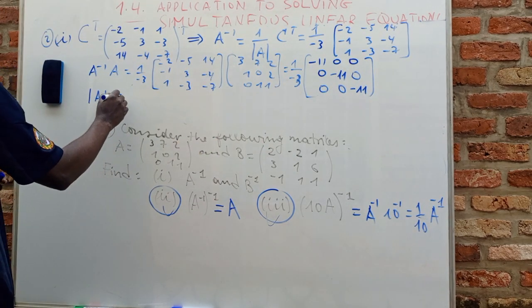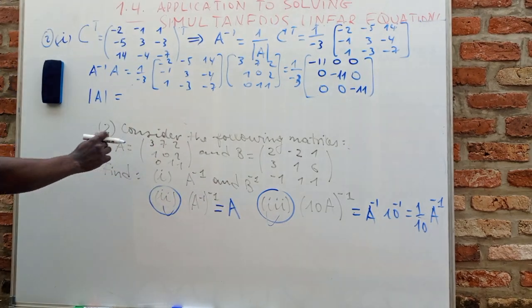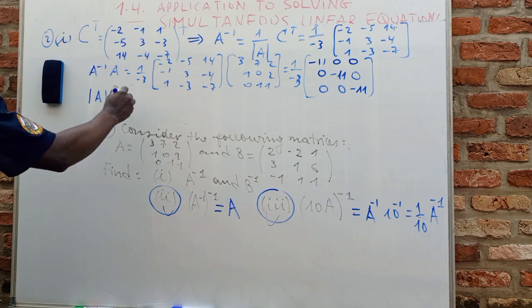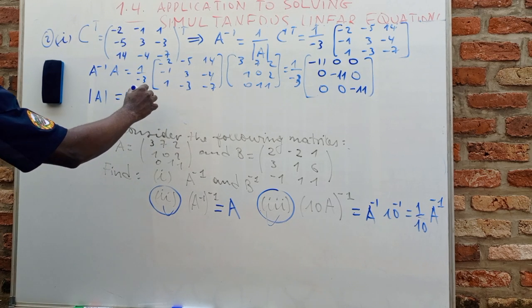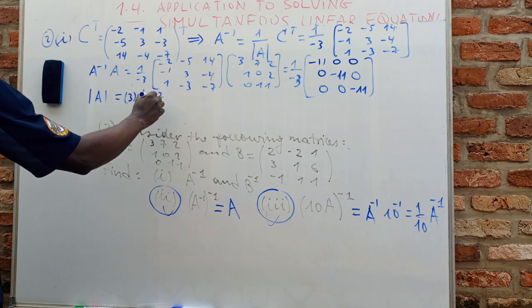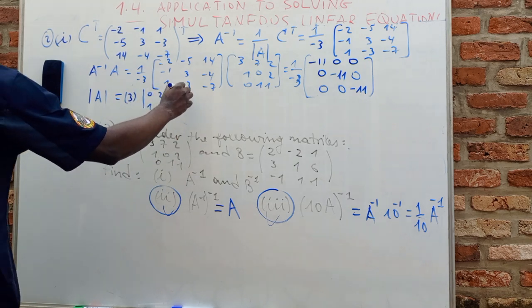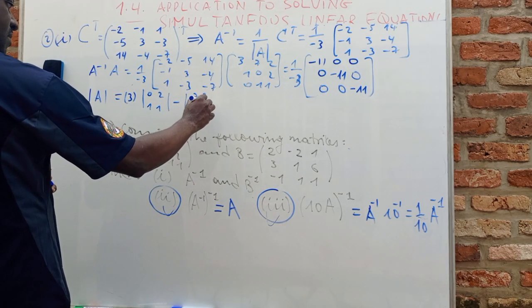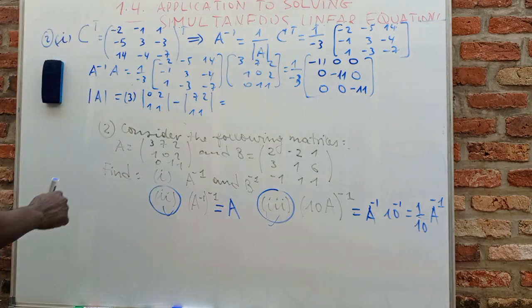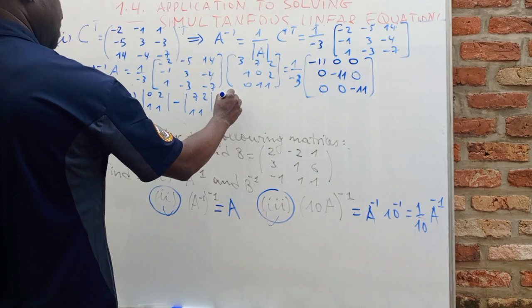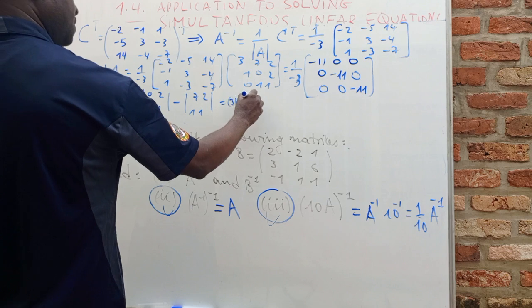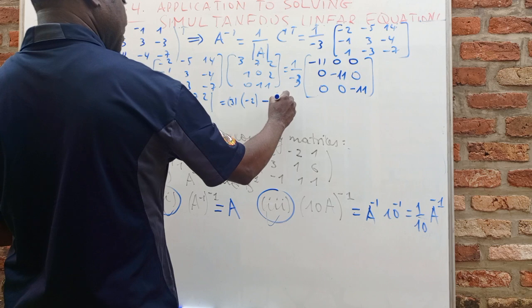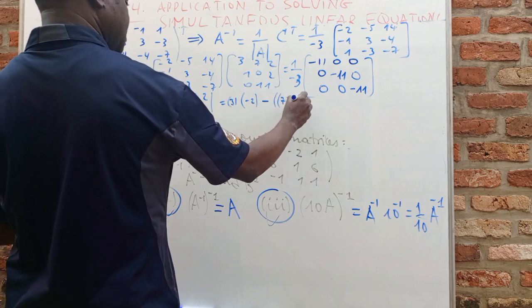Let us try again the determinant of A. So I develop once, this time along the first column: 3 times the determinant 0, 2, 1, 1, minus 7 times the determinant 2, 1, 1. This is 3 times negative 2 minus 7 times 2.